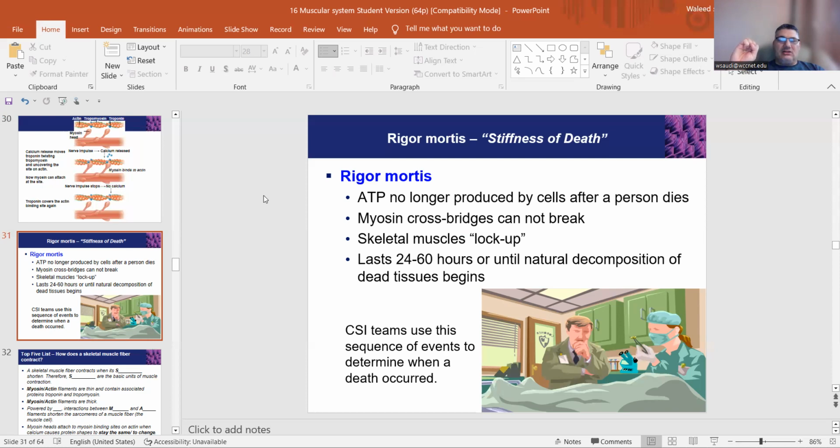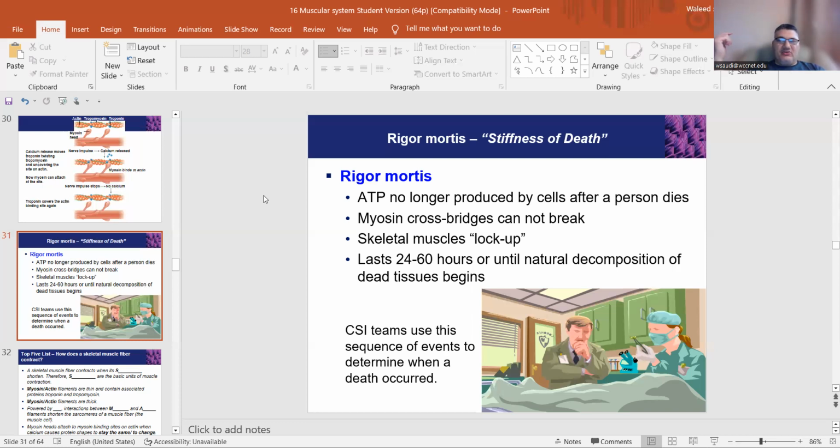Sustained contraction doesn't happen. But right after death, rigor mortis will come and the muscles are going to contract and stay contracted for some time, but then the muscles are going to dissolve and break down. But I'm talking about right after death.